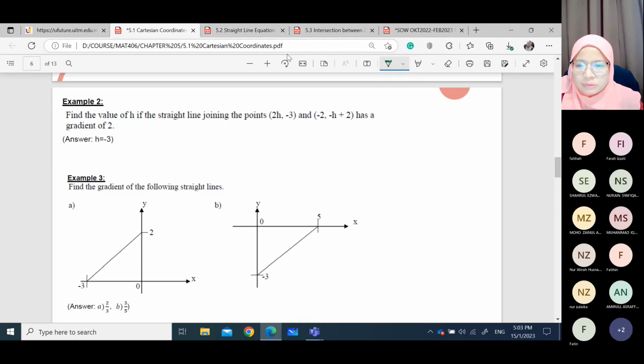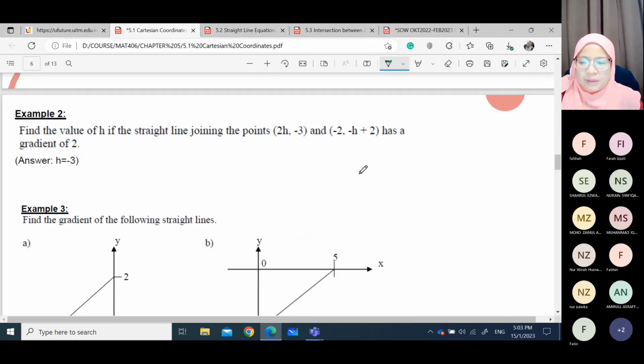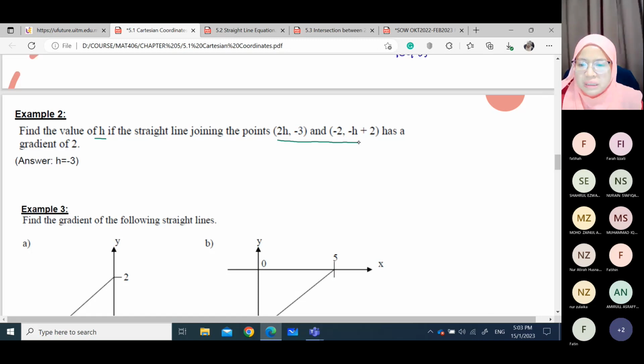Okay, so let's look at example 2. Here it is. Find the value of h if the straight line joining the points 2h, negative 3 and negative 2, negative h plus 2 has a gradient of 2. Okay, so now we need to find the value of h. As we know, to get the gradient, this is our gradient: y2 minus y1 over x2 minus x1.